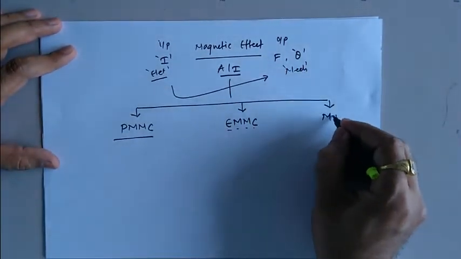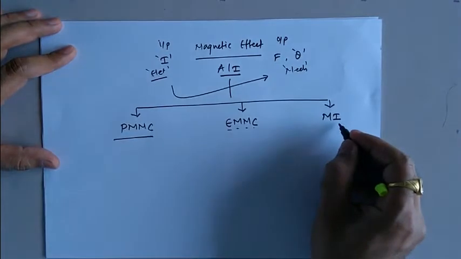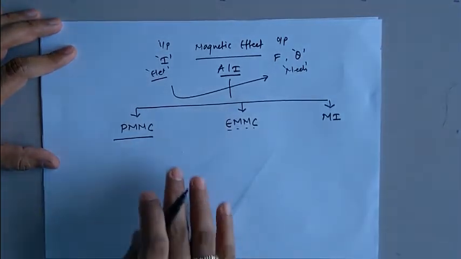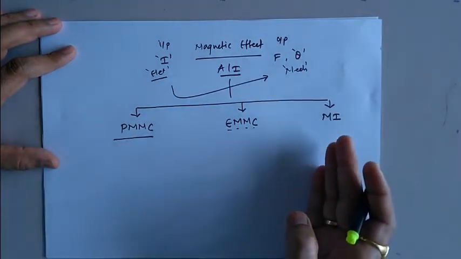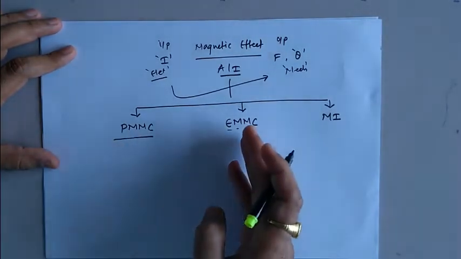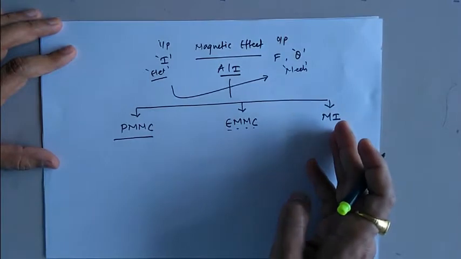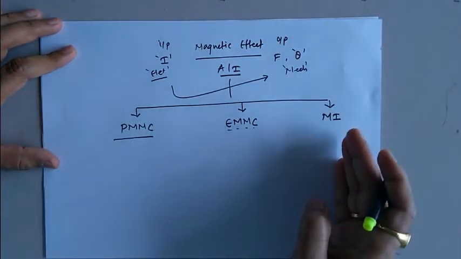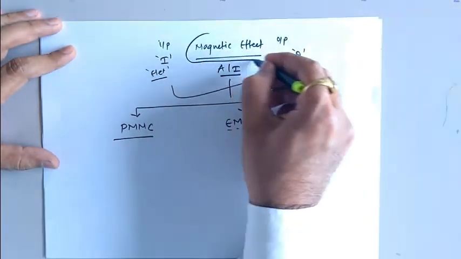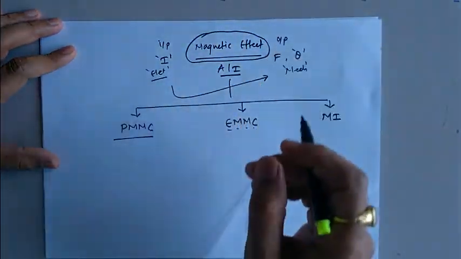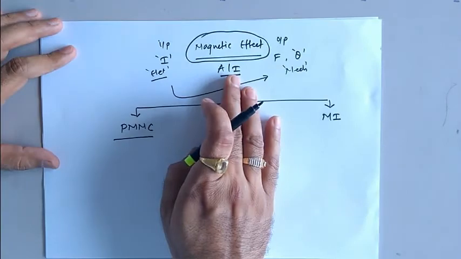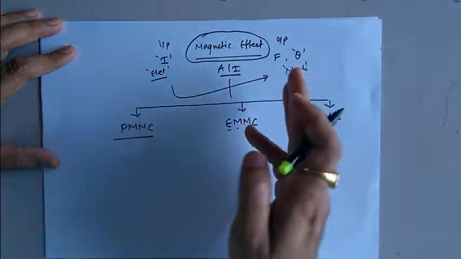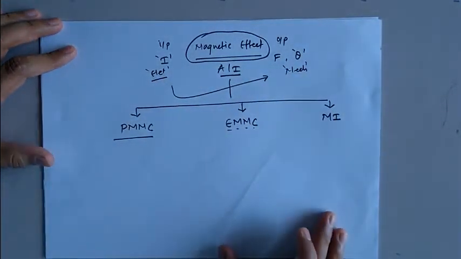And third one is called MI, or moving iron type analog instrument. So if you open any of these analog instruments, either PMMC, EMMC, or MI, in all of these the main working effect is magnetic effect, with the help of which that analog instrument is capable to convert the input electrical quantity into output mechanical quantity.